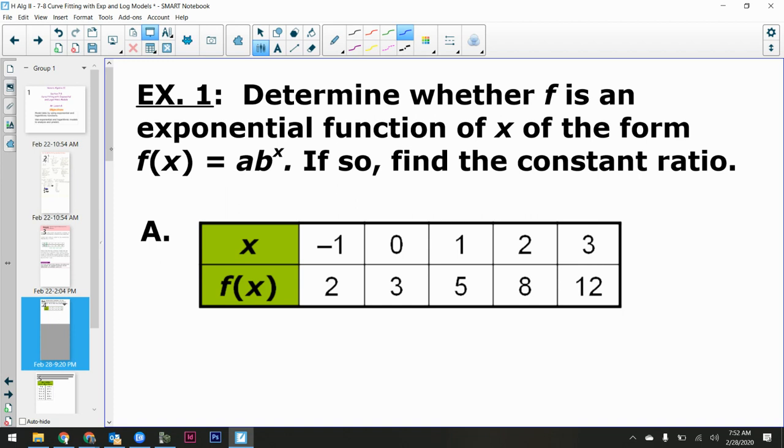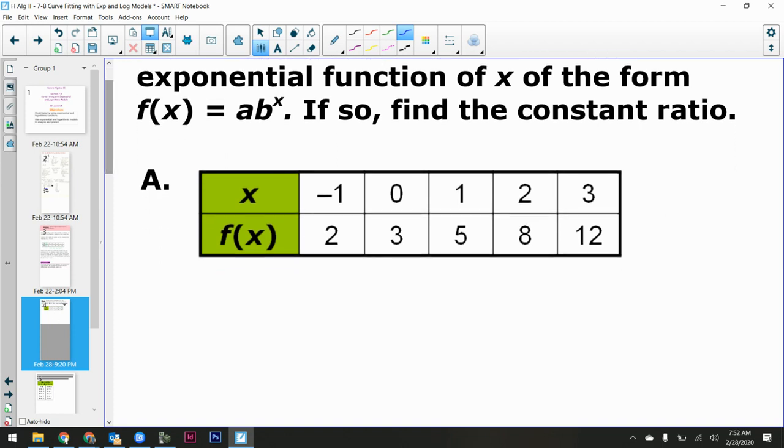If you're having a hard time, what do I multiply 2 by to get to 3? Can't you just make yourself a little equation? 2 times what is 3? 3 halves, 1.5. I'm going to multiply by 1.5.